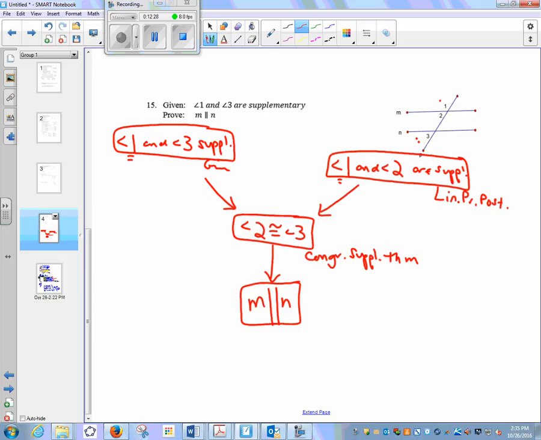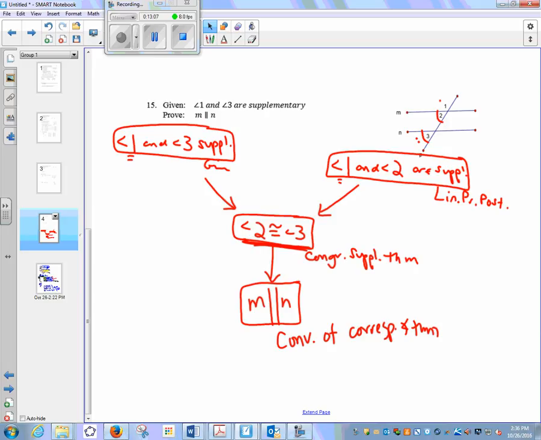You win $1,000,000. 2 and 3 are corresponding angles. If corresponding angles are congruent, then the lines are parallel. If we're concluding lines are parallel, it's going to be the converse of the corresponding angles theorem. So how do you know which converse to use? You use whichever one is the type of angles that you've said are congruent.